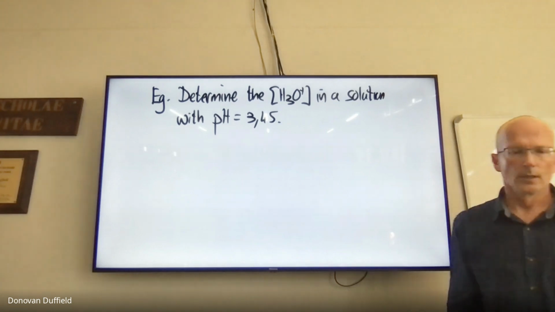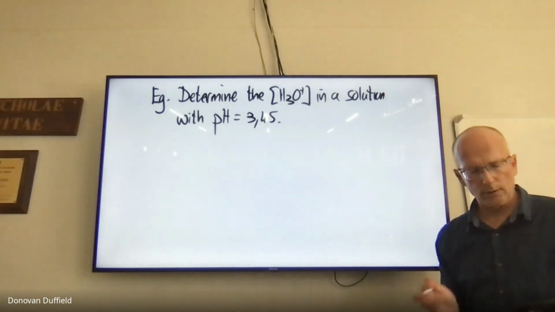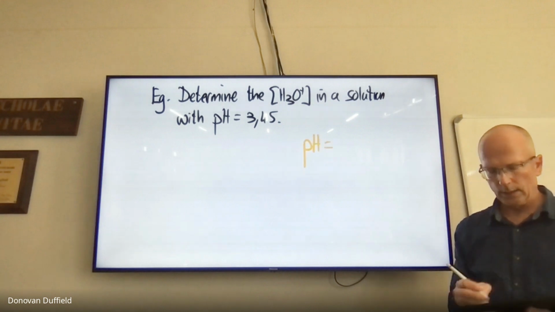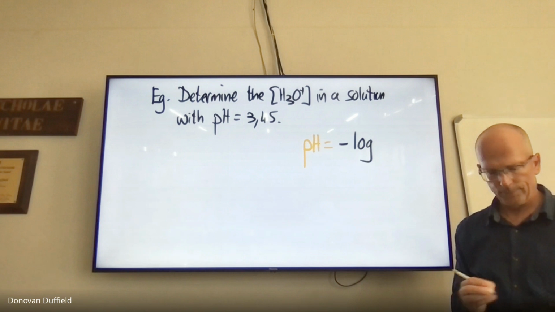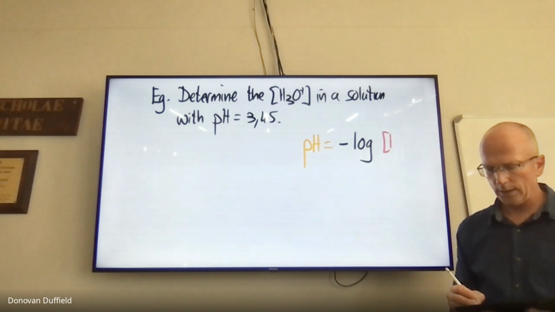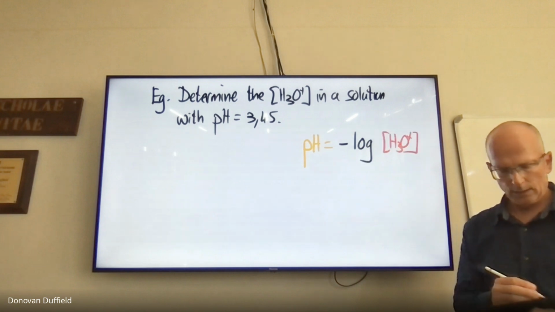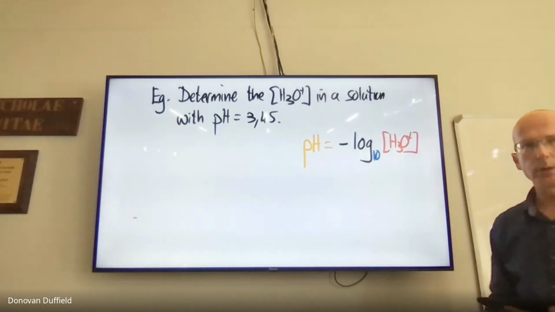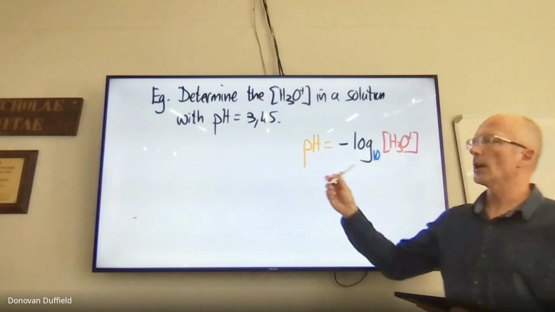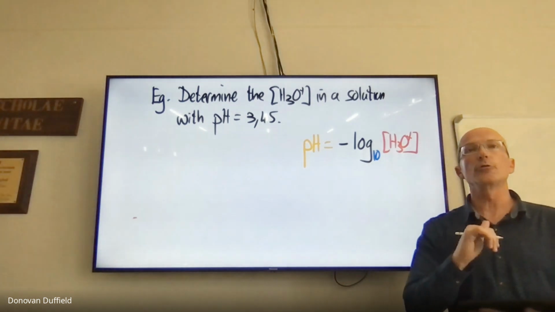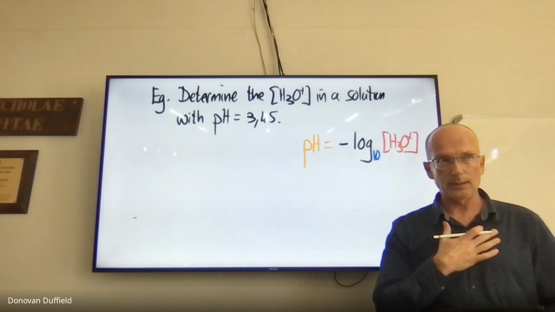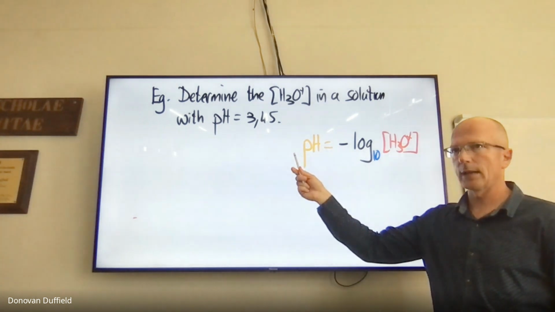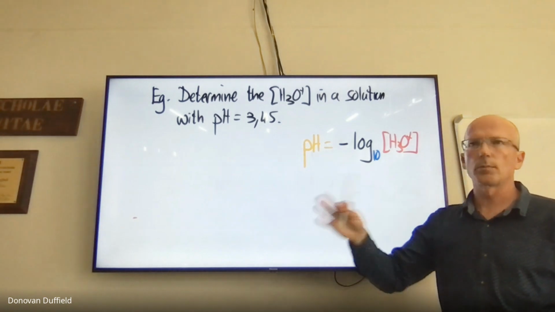If we look at pH equals the negative log of the hydronium ion concentration to the base 10, it will always be to the base 10. You don't need to do this the way I'm doing it now. You take the negative to the left-hand side by multiplying by minus 1.